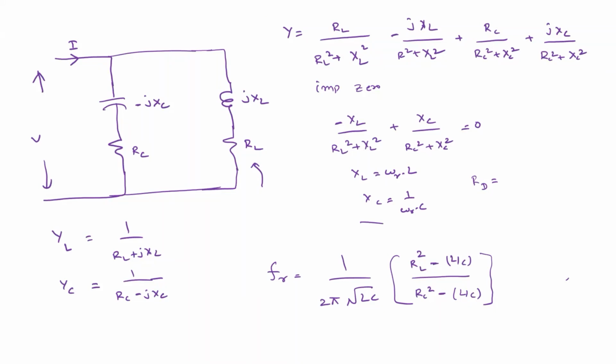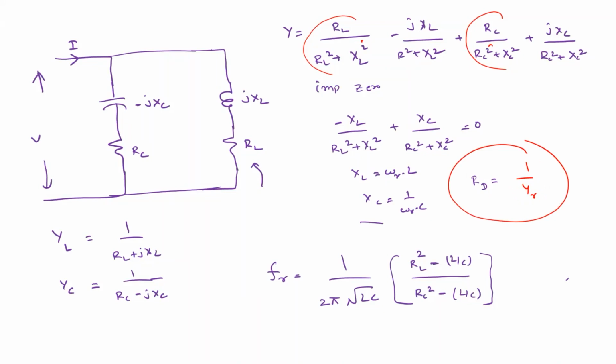RL by RL square plus XL square plus this term, these are the real parts, right? So this is the admittance at resonance, and 1 by the admittance at resonance gives you the RD. The sum of these two gives you the admittance at resonance.